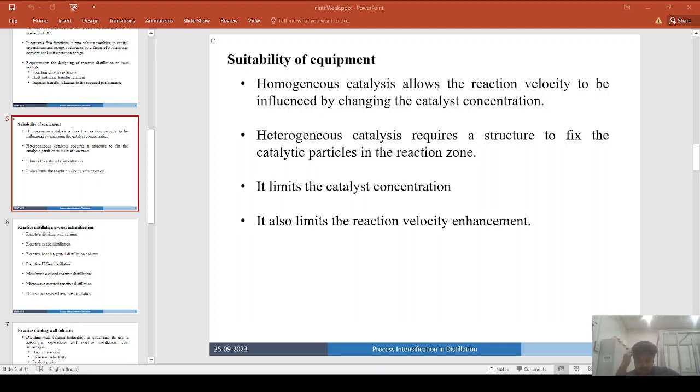So here also, similarly, if there is a homogeneous catalysis reaction, the phase in which the catalyst is present will definitely be a fluid, and your reactants will also be in that same phase because it is a homogeneous system.